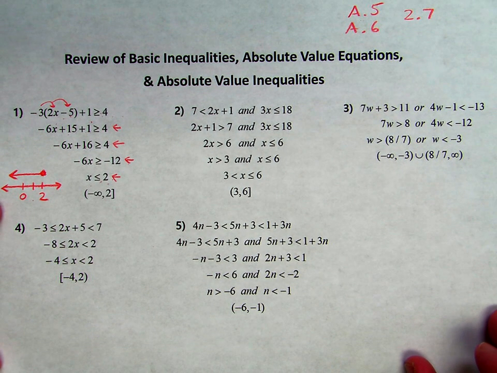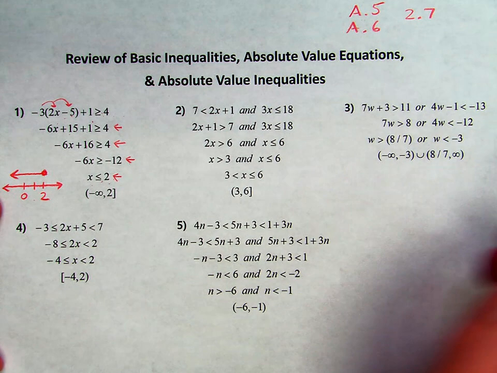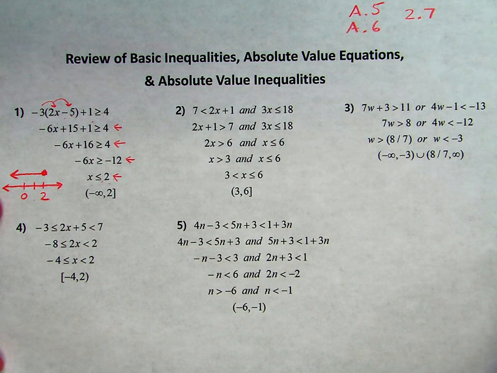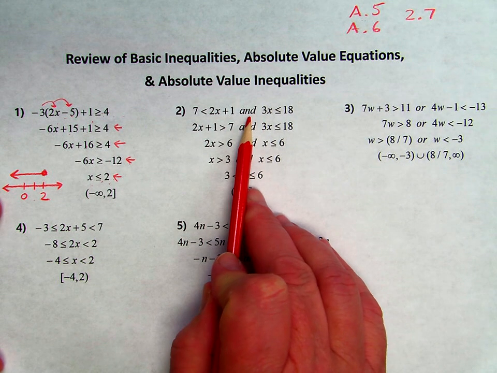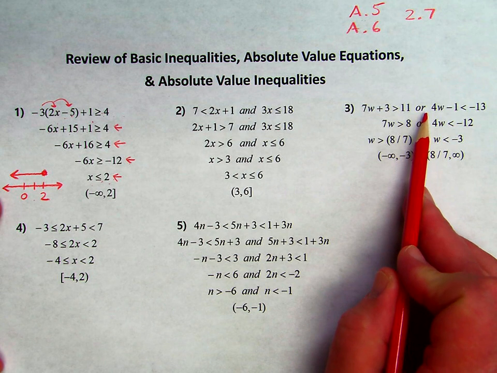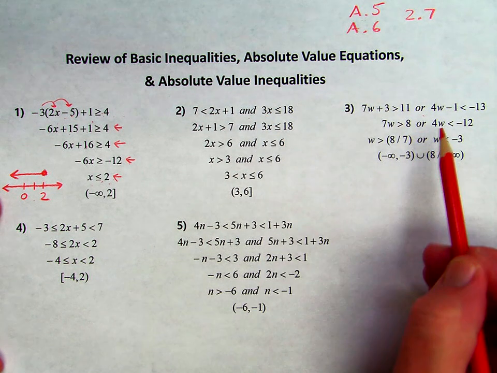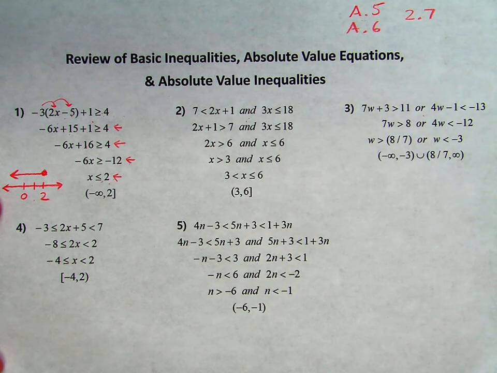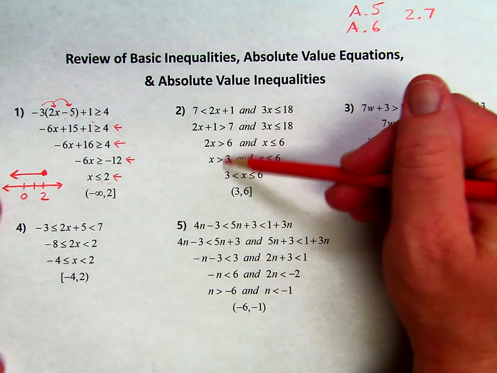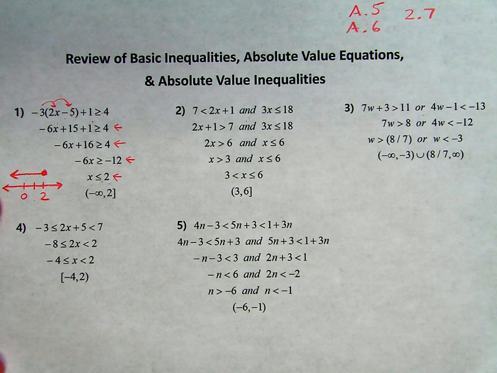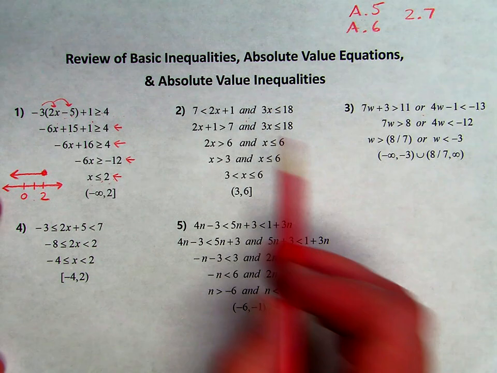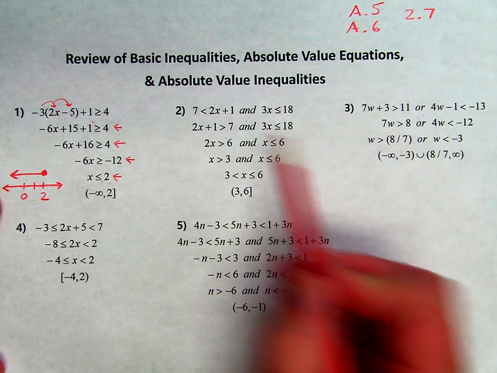All right, next 2 examples are compound inequalities. And in this case, we are connecting with an and. In this case, we're connecting with an or. So, whether it's an and or an or, we're going to start the problem by independently solving the 2 inequalities. So, for starters, from here to here, I just flip sides.